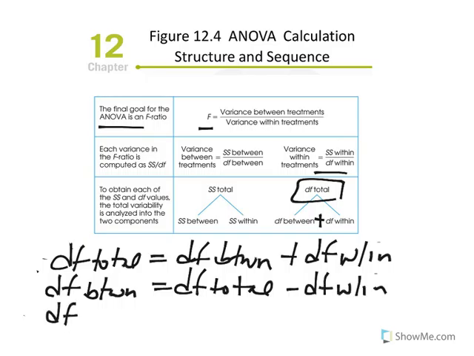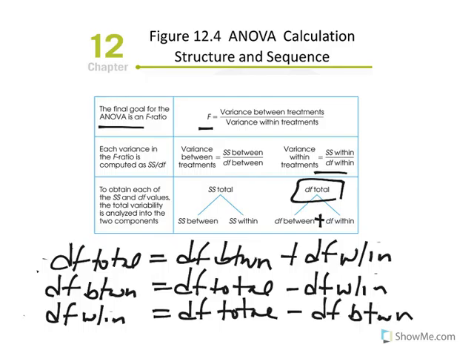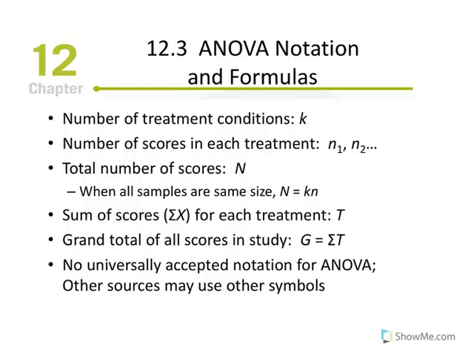Or if we want to calculate degrees of freedom within, we can take degrees of freedom total and subtract degrees of freedom between. So again, it's important to have these equations in your notes. Once we recognize the relationship, then we can use two variables to calculate the third without using the more extended variables that will be presented now.